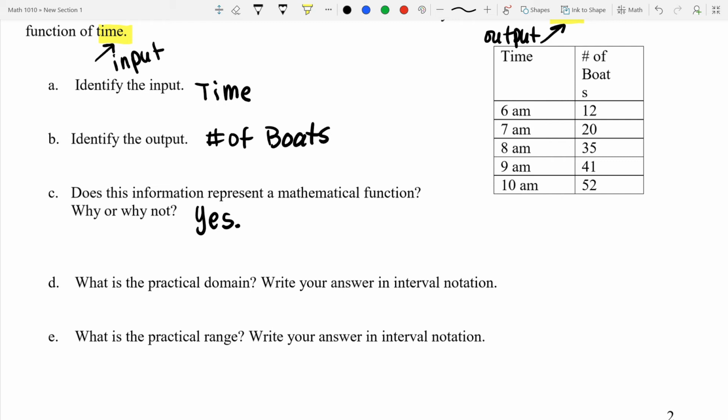Somebody try. Go ahead, thank you. Is it because the times don't repeat? Times don't repeat. Keep going. Go ahead. Is it because it has a practical domain? It's part of the practical domain. Yes.